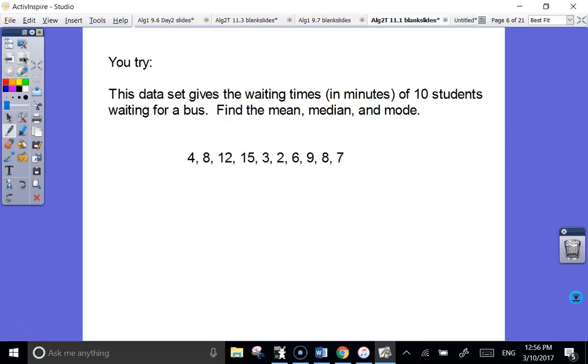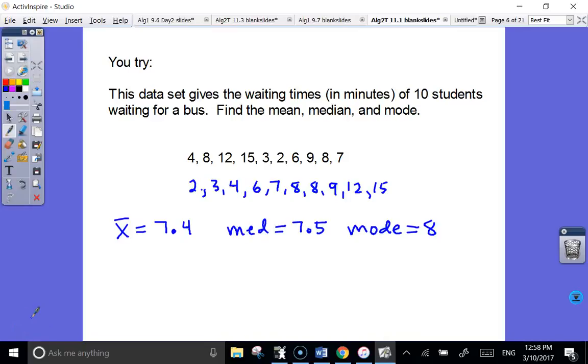Okay, so try to find the mean, median, and mode of that one. What do we get for a mean? 7.4.